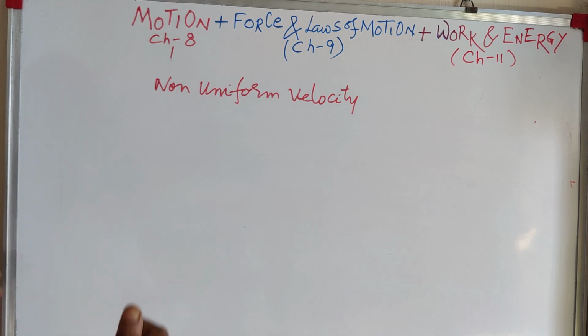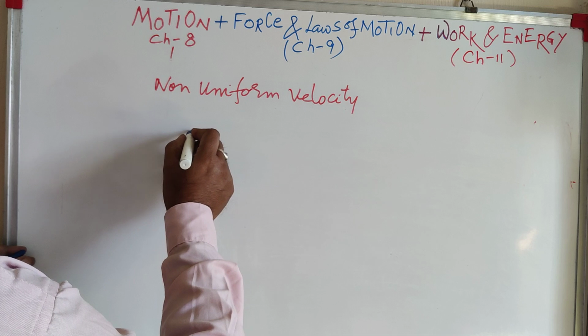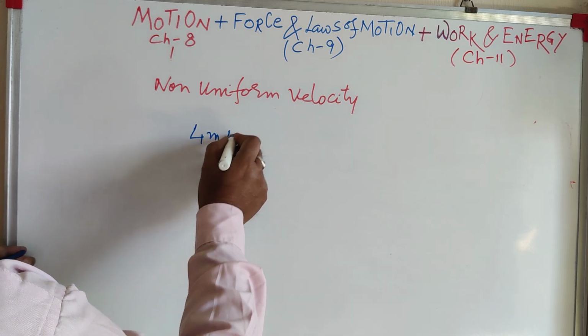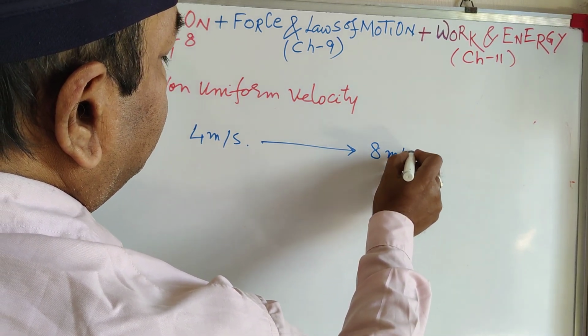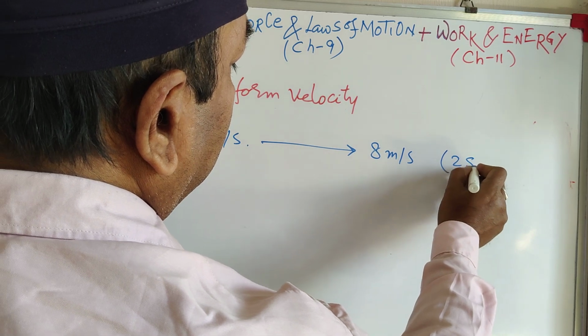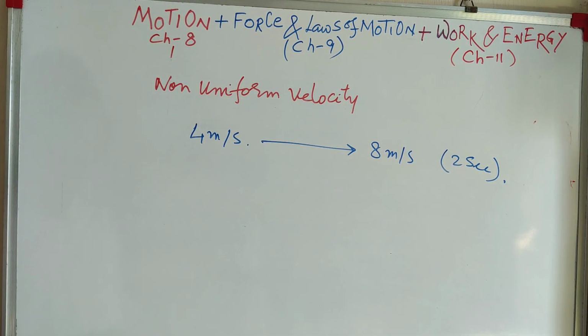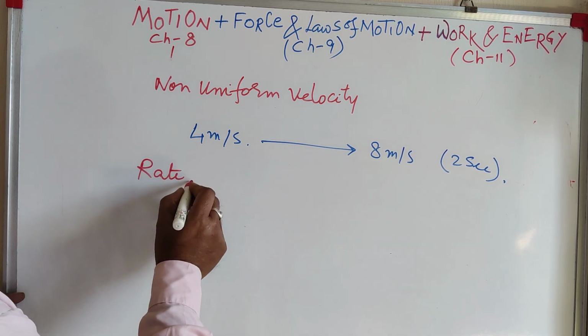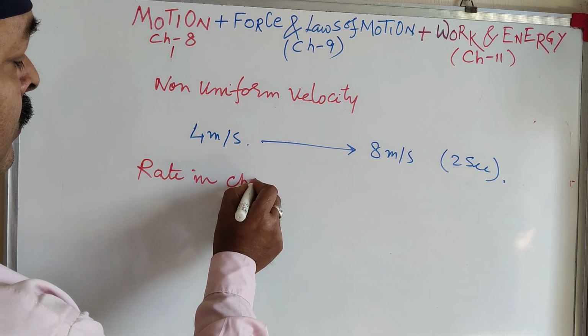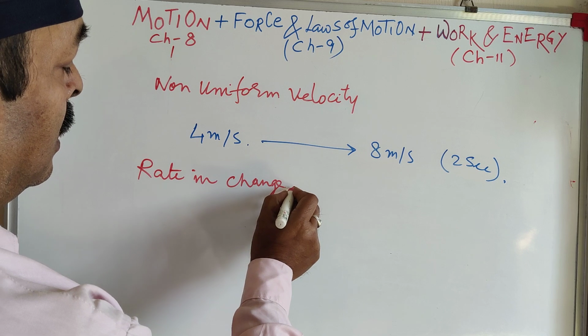For example, suppose the initial velocity was 4 meter per second, and we apply the accelerator and within 2 seconds we speed up from 4 meter per second to 8 meter per second. Then what is the rate of change in velocity?